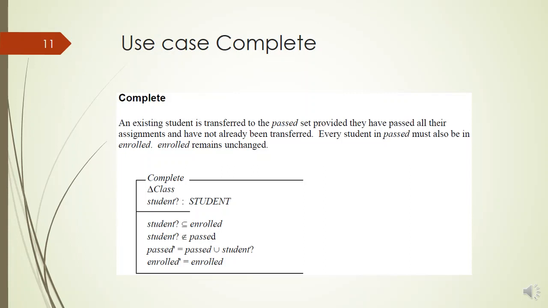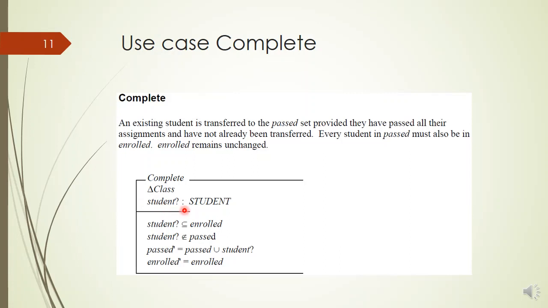Therefore, this operation brings a change in the system state variable passed, and we write the operation schema complete with the symbol of delta, because it would bring a change in the state of a system.